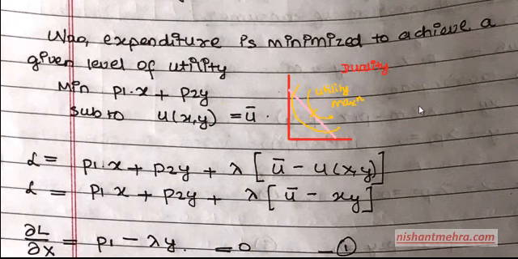Let's look at another way of looking at the same problem. You might ask yourself, I want to achieve this utility. Now, what is the minimum expenditure I have to make in order to achieve this utility? I can achieve this utility even by spending this much. But is this the minimum one?